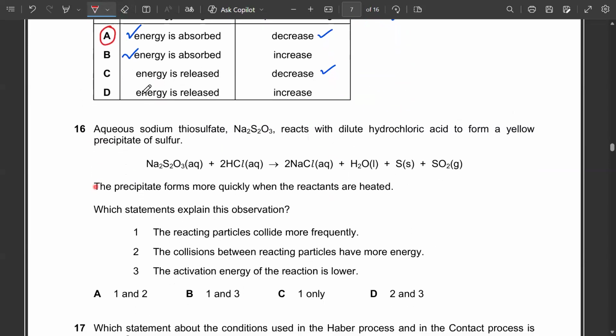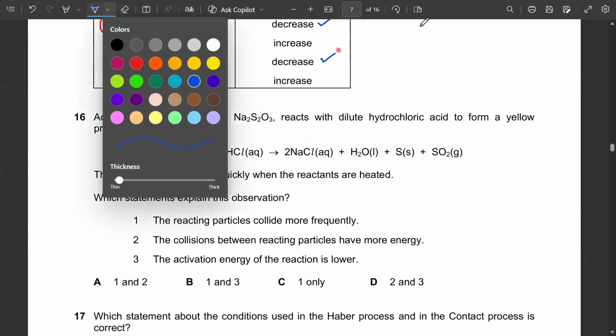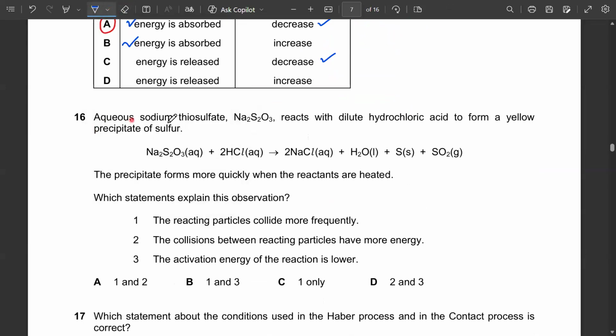Then question 16. Aqueous sodium thiosulfate reacts with dilute hydrochloric acid to form a yellow precipitate of sulfur. The precipitate forms more quickly when the reactants are heated. Which statement explains this observation? So, increasing the temperature by heating makes the reaction quicker.